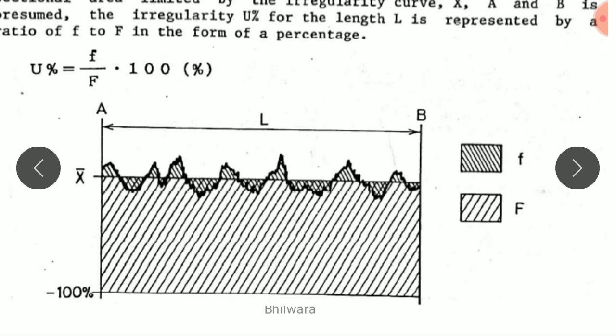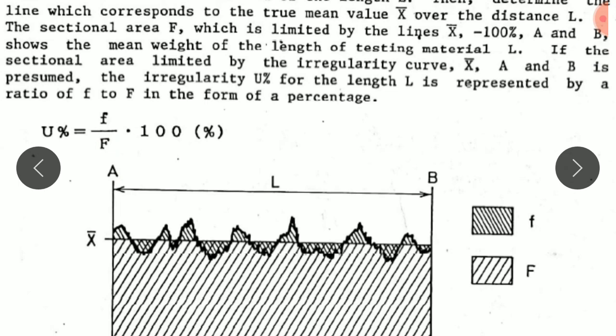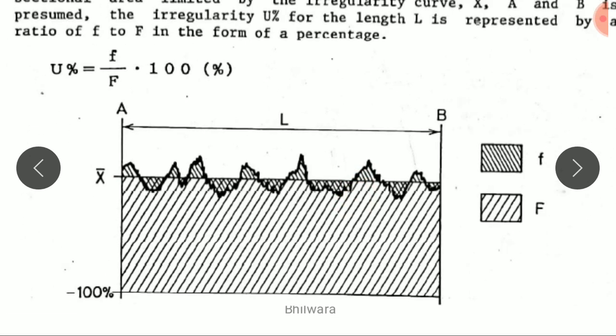This area denoted by capital F represents the average weight of the material between these two lines A and B, where x bar represents the mean value of the variations in mass per unit length.